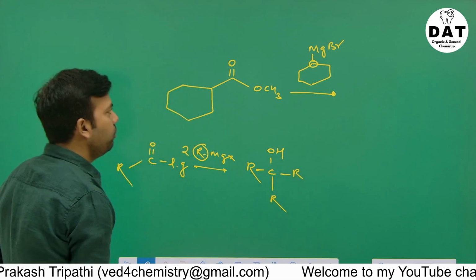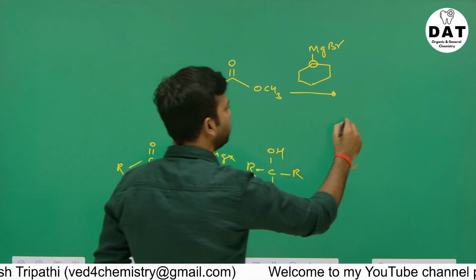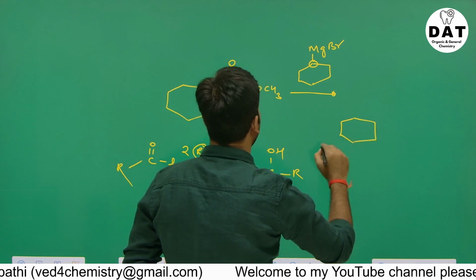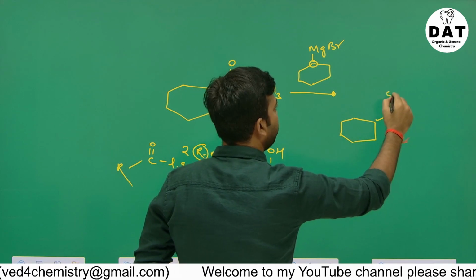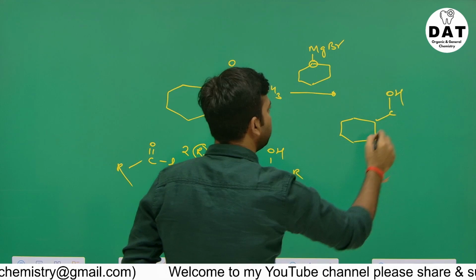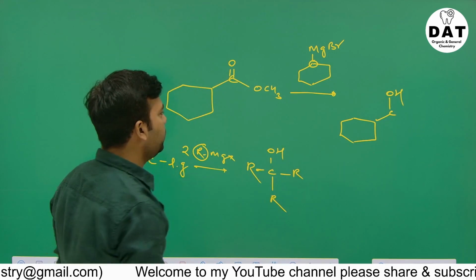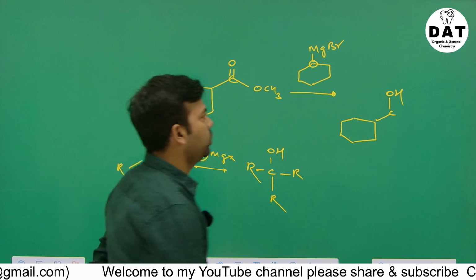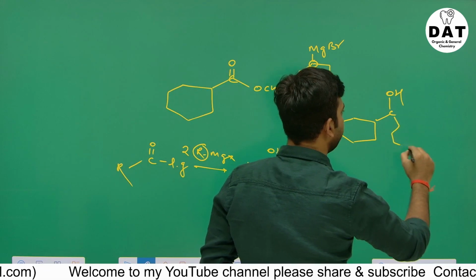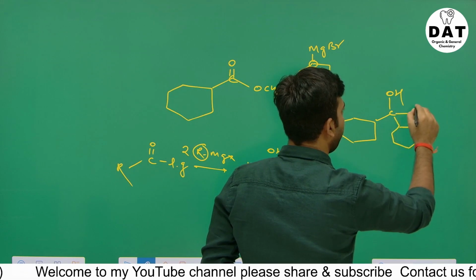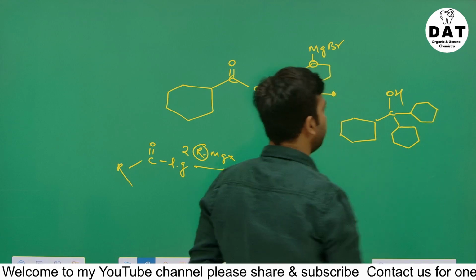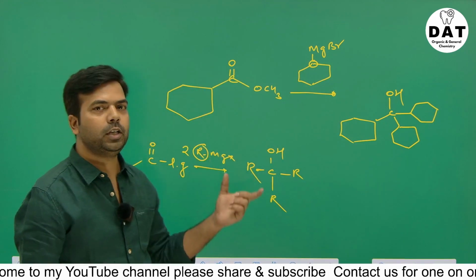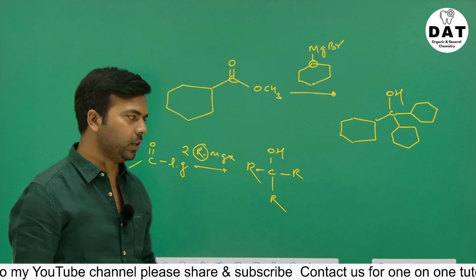Clear? We will do the same thing here. This oxygen will be OH, this is a carbon, and these two valencies your nucleophile. So 2 rings here like this. Clear? So this is a nucleophilic addition, then elimination.